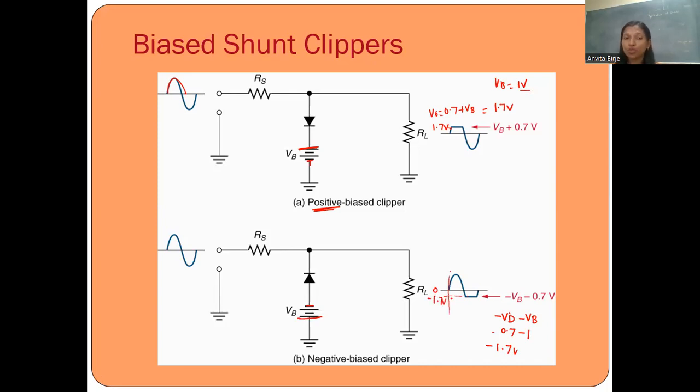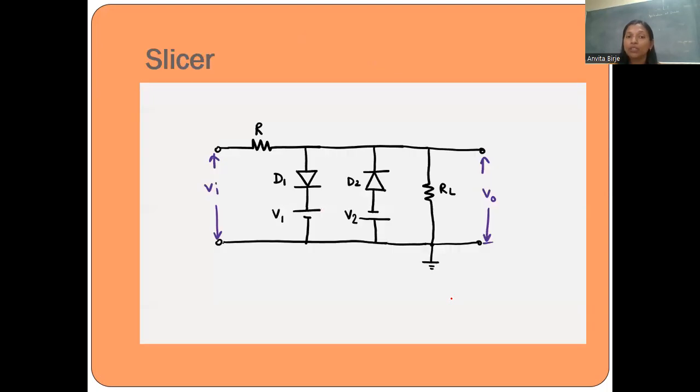I can add these two signals also, like we have seen the slicer without biasing. So we can add these two with the biasing voltage. D1 is connected to V1 in series and D2 is connected with V2. So overall output, if I am applying the input signal for positive half cycle, D1 is on and D2 is off.